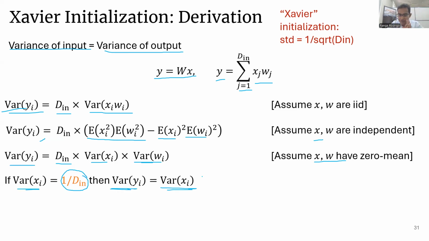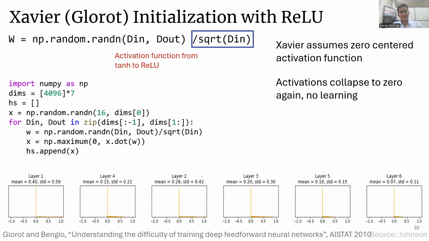That's why you have to initialize the weights by dividing by the square root of d_in, the input size. But this fails when you have the ReLU activation.